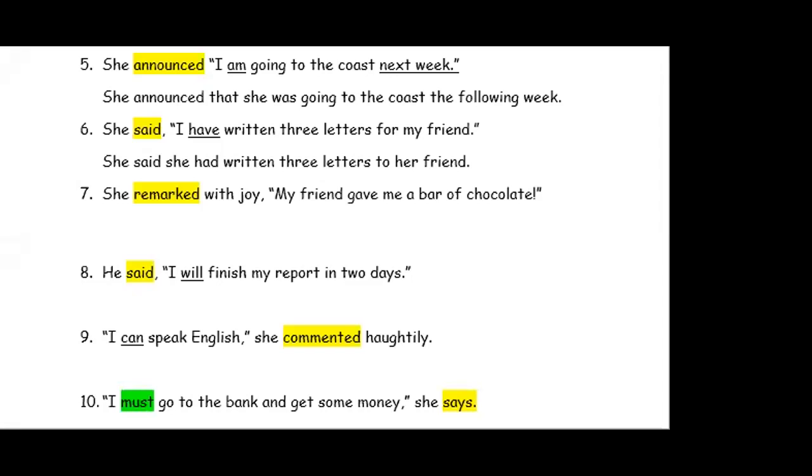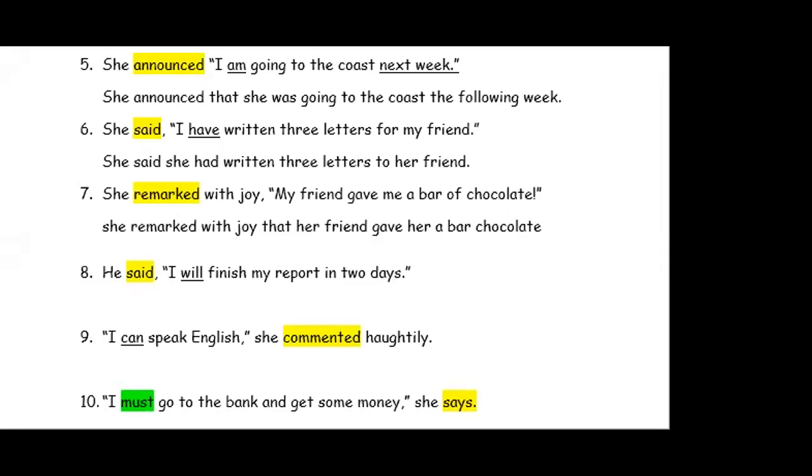Yeah, that's absolutely correct. Gabby says she remarked with joy that her friend gave her. And I don't know why you guys are missing a bar of chocolate. But that's correct anyway. Gave her a bar of chocolate. Well done, Amy. Well done, Mo.